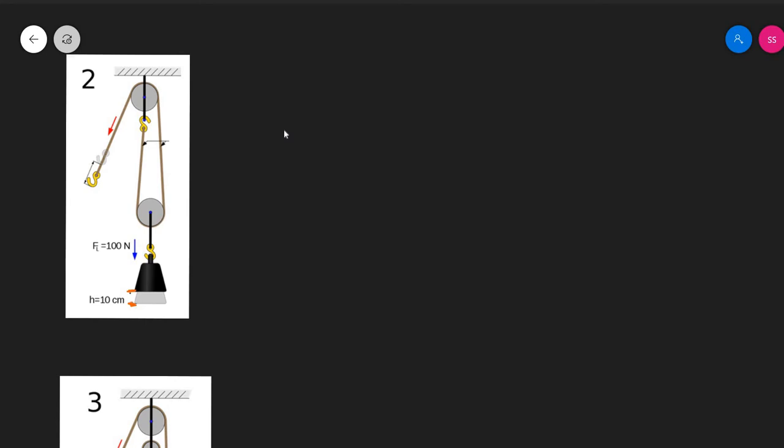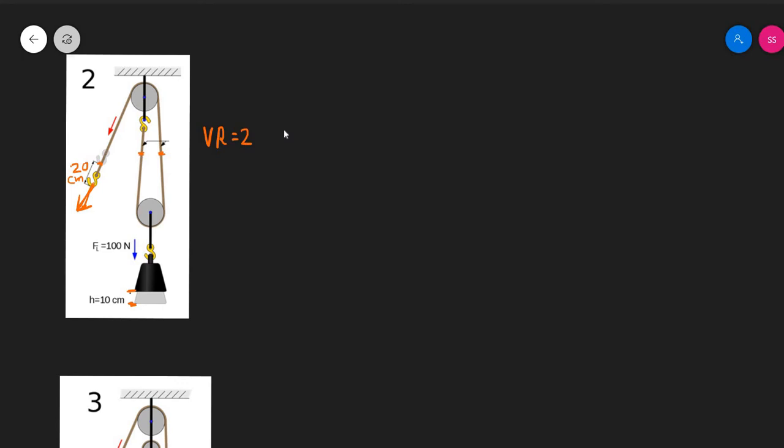Here my objective is to move the load 10 centimeters up, and as it moves 10 centimeters up, both these ropes need to move up by 10 centimeters. That means your effort would have to move down by 20 centimeters. So straight away you know that your velocity ratio is equal to 2.